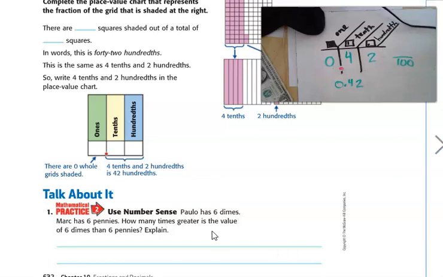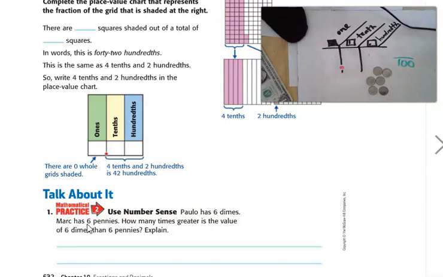Okay, Paulo has 6 dimes. So let's get out 1, 2, 3, 4, 5, 6. And Mark has 6 pennies. So 1, 2, 3, 4, 5, 6. How many times greater is the value of 6 dimes than 6 pennies? Well, first of all, I've got them kind of in the wrong place, don't I? Pennies should go in the hundredths place and dimes should go in the tenths place, right?